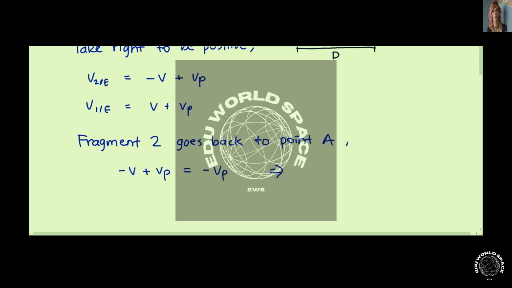This means that v is 2 vp, and so v1 in the Earth's frame is 3 vp.